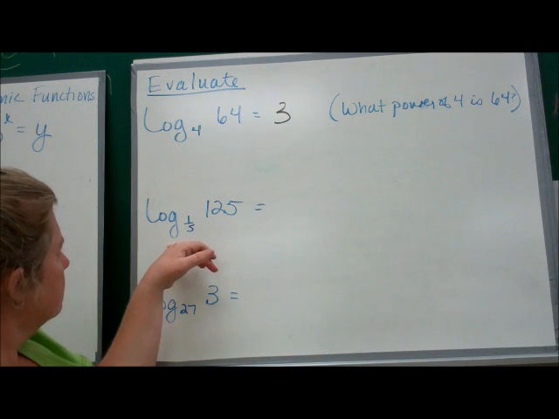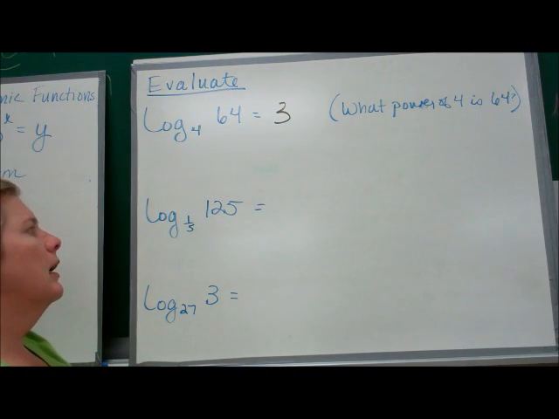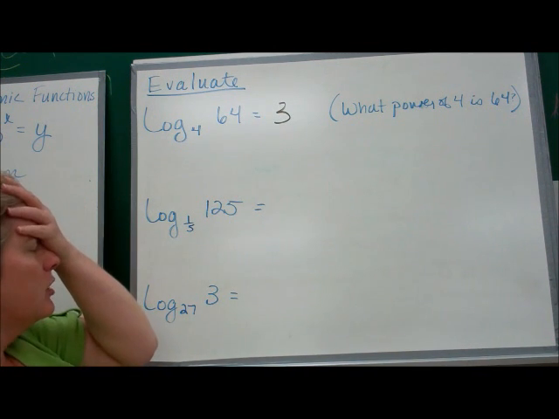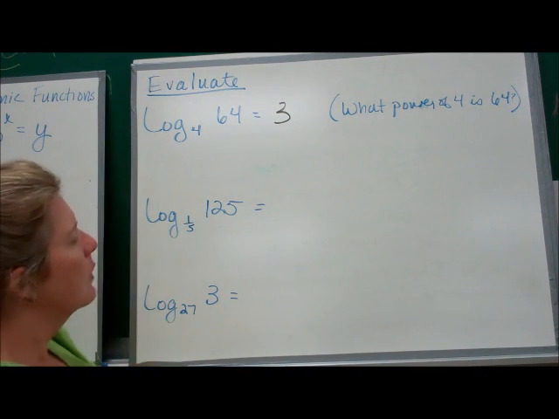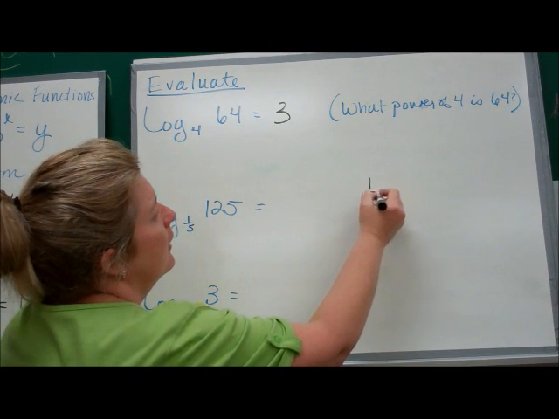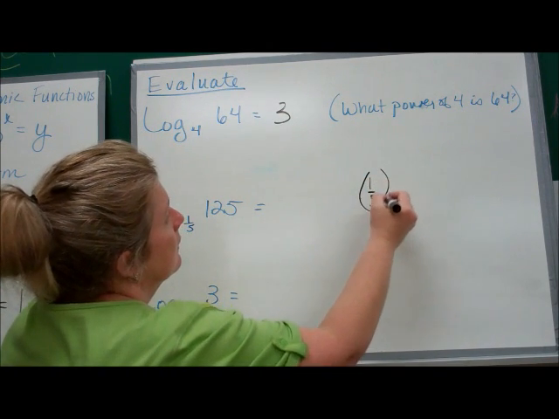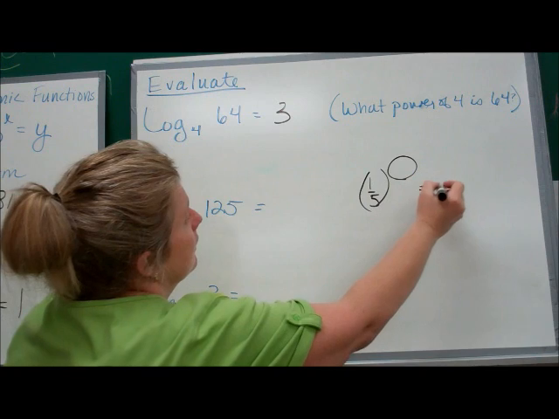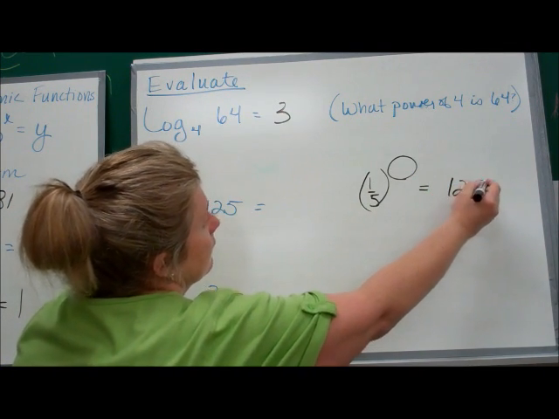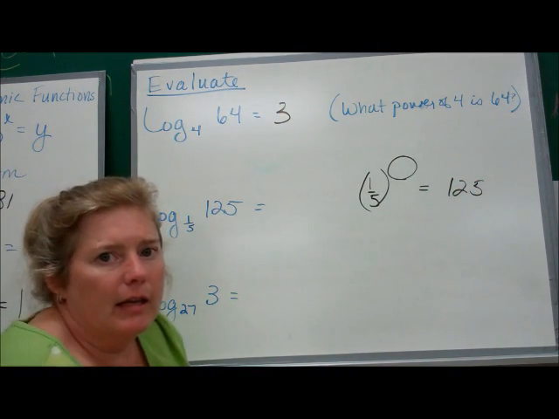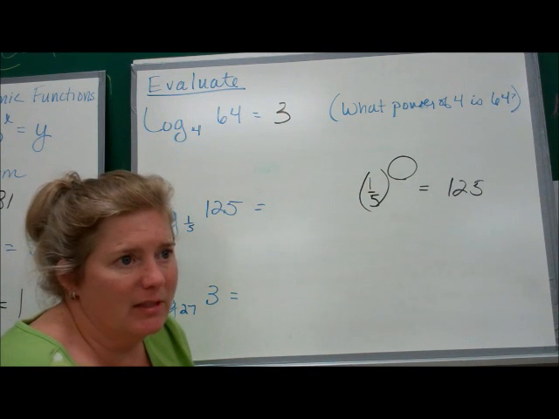Another one. Log base 1/5 of 125. You ask yourself this question: 1/5 to what power is going to give me 125? Now, you can't forget about positives and negatives.